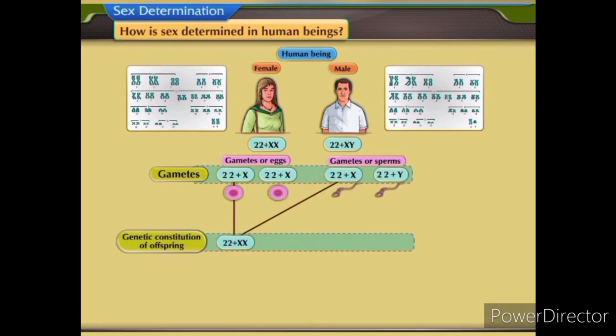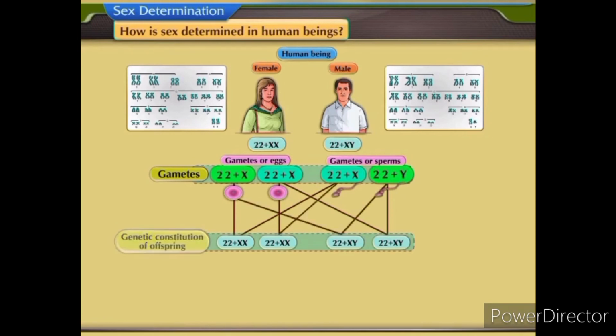In the same way, combination of Y chromosome from males with one X chromosome from females results in an offspring with the genetic constitution XY. Similarly, the other two gametes also result in two new offspring with genetic constitution XX or XY.